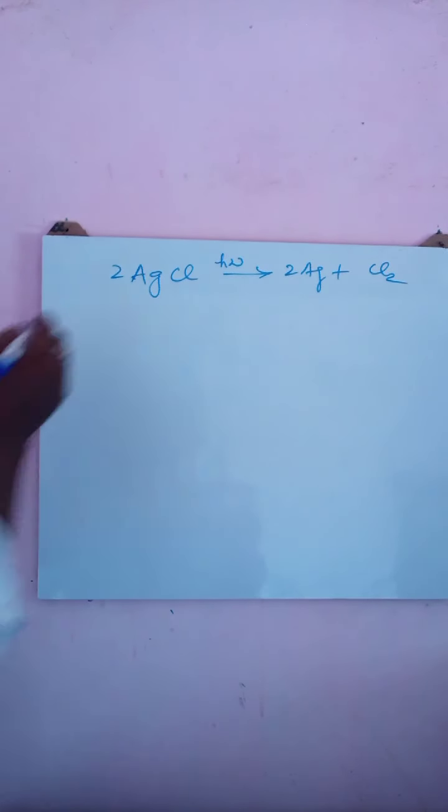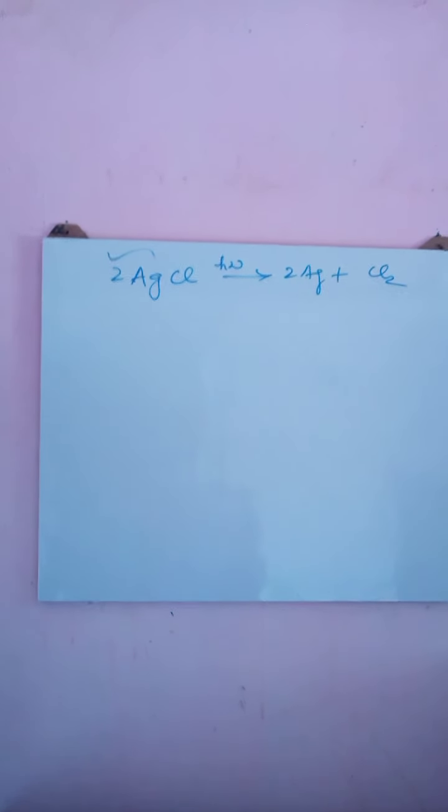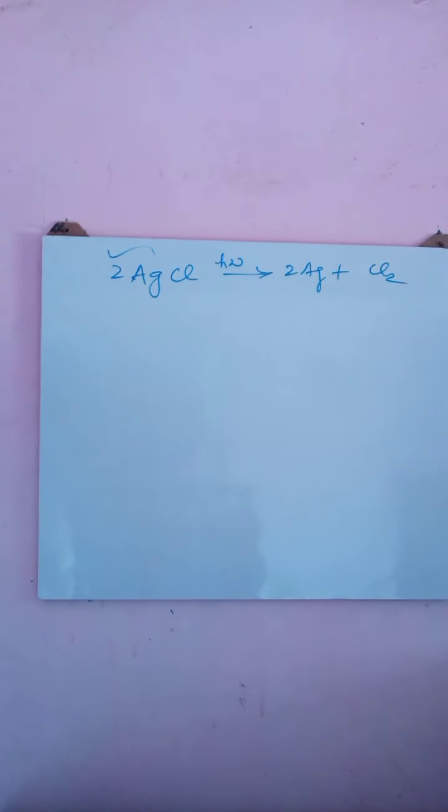This reaction is very important because it is often asked in examinations. Why is silver compound not kept in direct contact of sunlight? Because when silver compounds come in contact with sunlight, they undergo decomposition. I hope you understood.